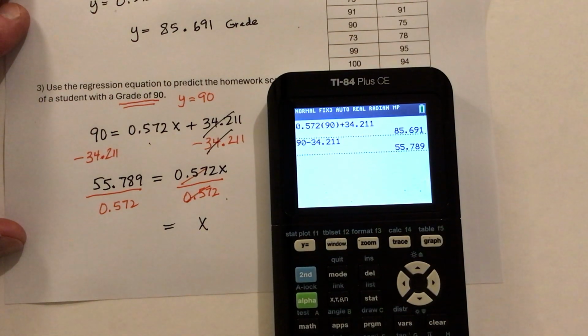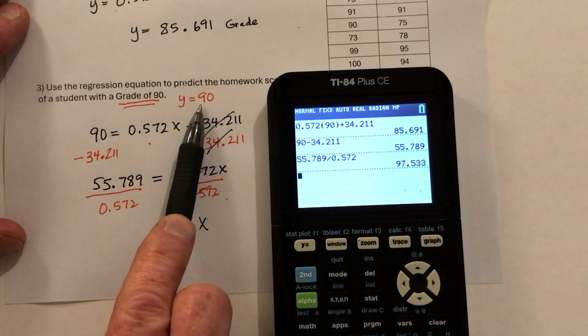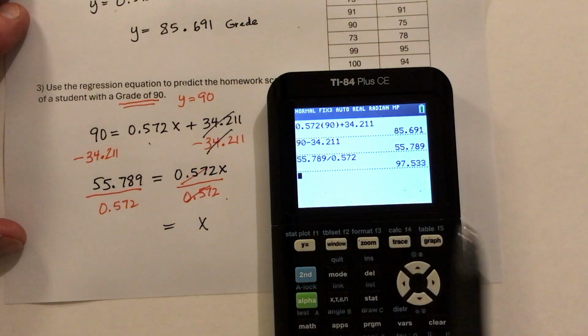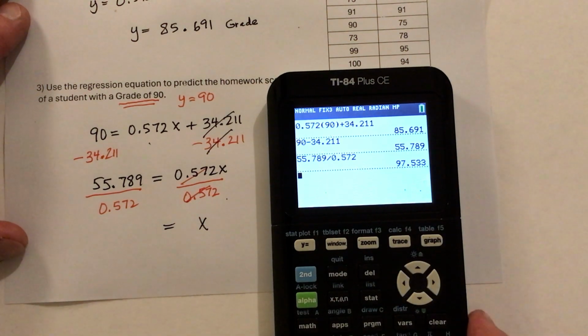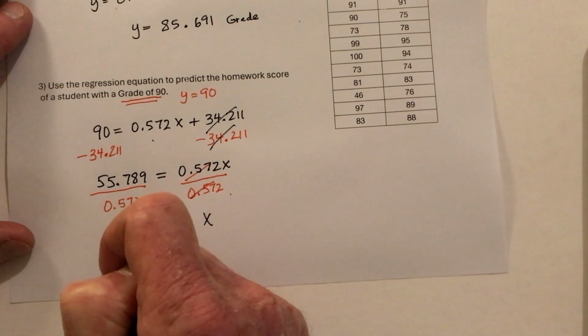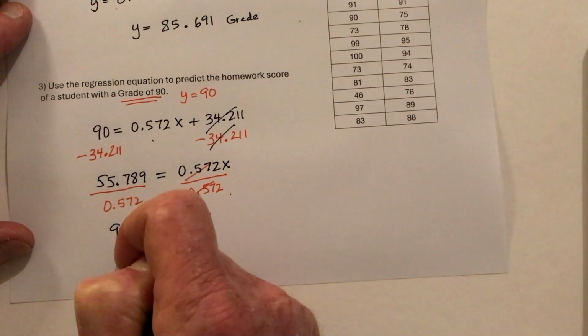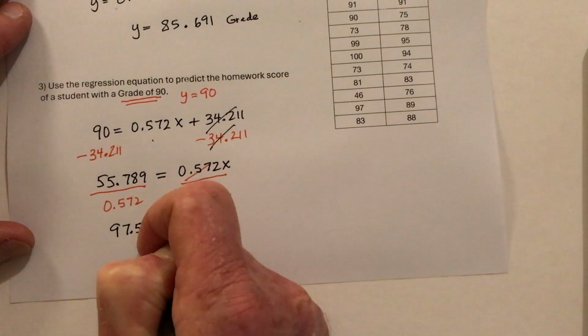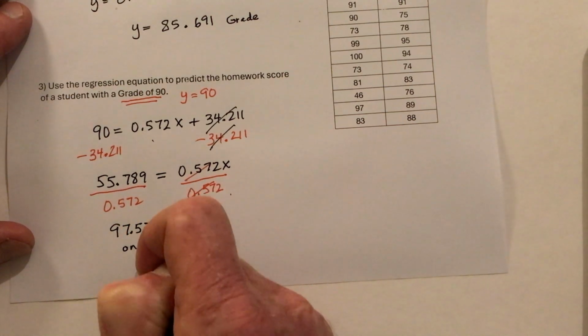So now take 55.789 and divide by 0.572. So it's basically saying that if a person wants an A in the class, they should get 97.5% on homework, which is always a good goal. 97.533 on homework.